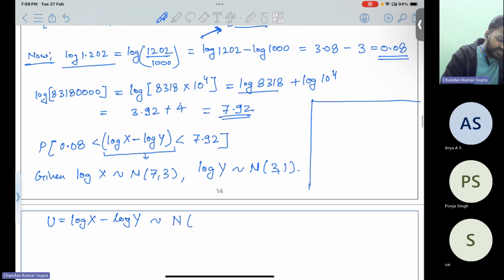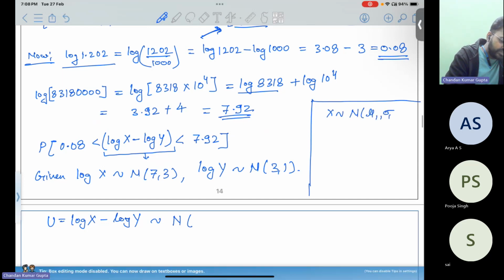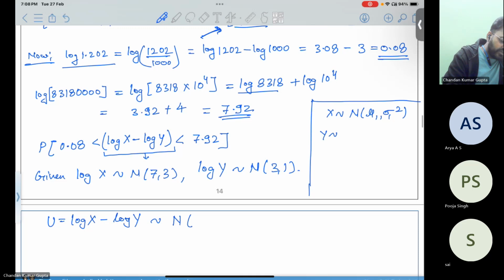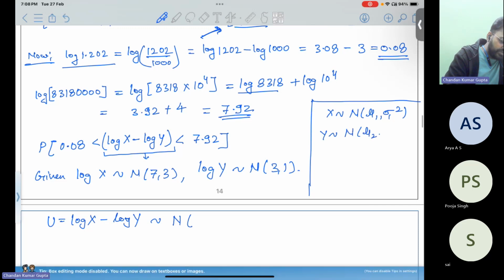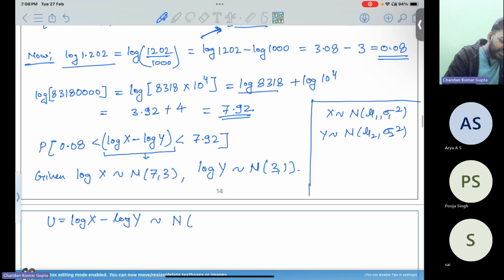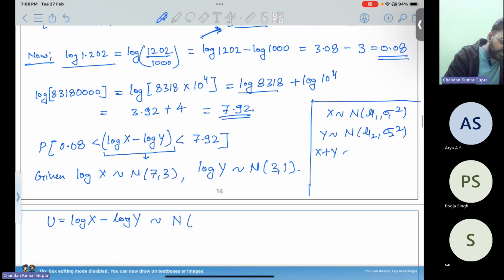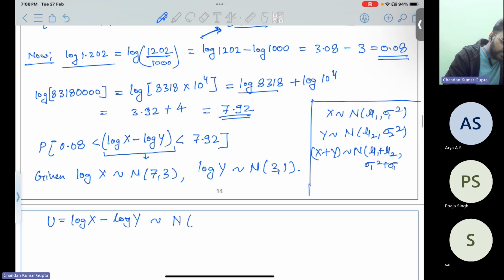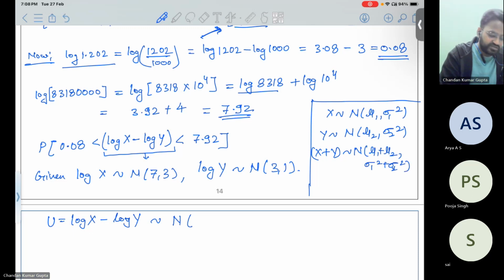you may write like this. X follows normal mu1, sigma 1 square. Y follows normal mu2, sigma 2 square. Then x plus y follows normal mu1 plus mu2 and sigma 1 square plus sigma 2 square, if they are independent variables.